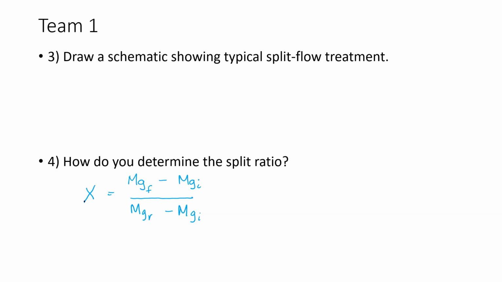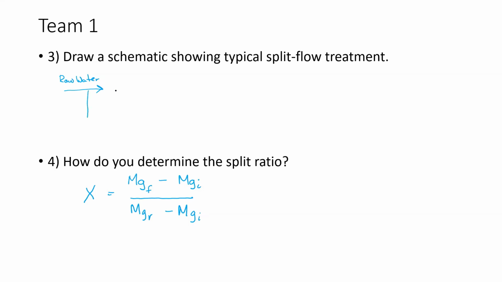So what I want you to do in your breakout rooms is draw a schematic showing typical split flow treatment. What do you think that would look like? So let's draw a schematic showing the typical split flow treatment. We have raw water. If we have groundwater, the screens are actually in the well if there is screening. It's not always the case.